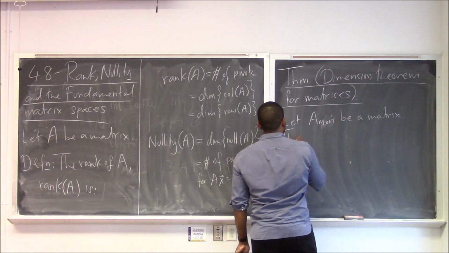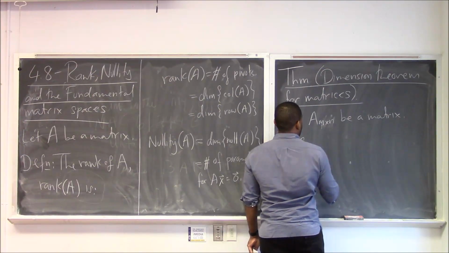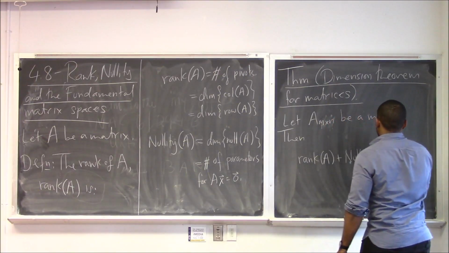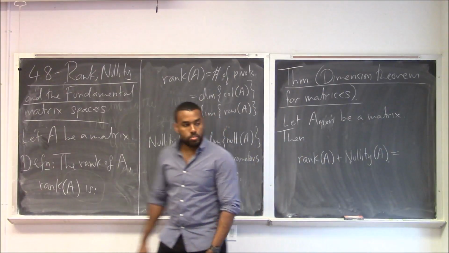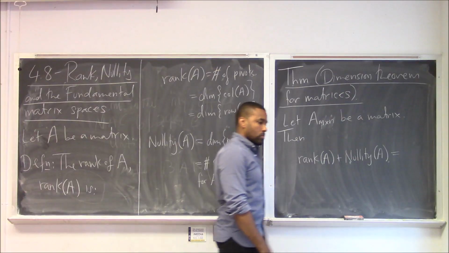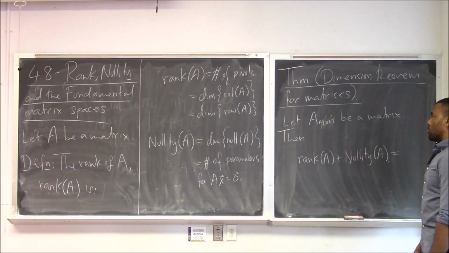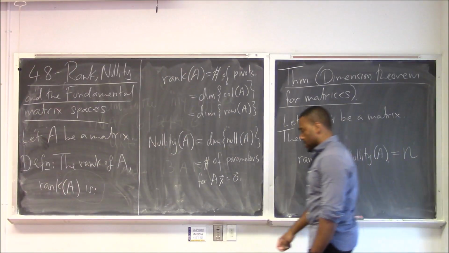Then the rank of A plus the nullity of A is what? N, the number of columns.